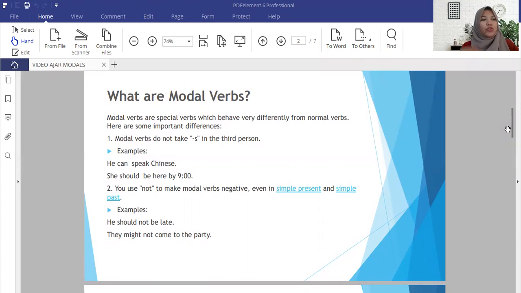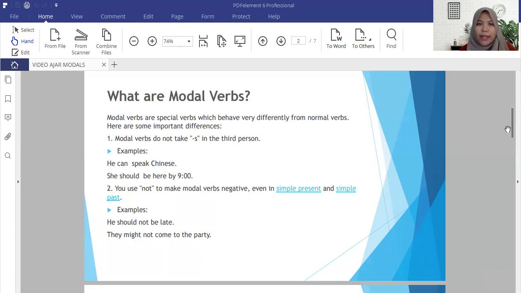If you think back to when you learned about the present tense, you have to put s whenever you use a verb with the third person pronouns he, she, and it. In this case, for modal verbs, you do not need to use s for he, she, it.